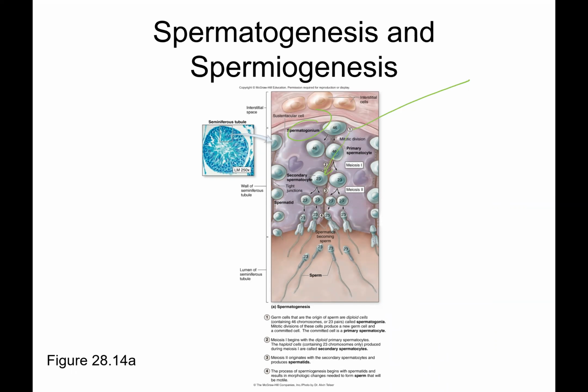The 23 chromosomes are produced during meiosis 1. Then in meiosis 2, you get the secondary spermatocytes and the spermatids.